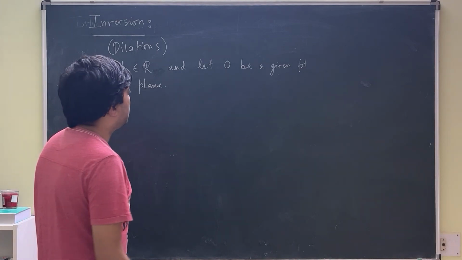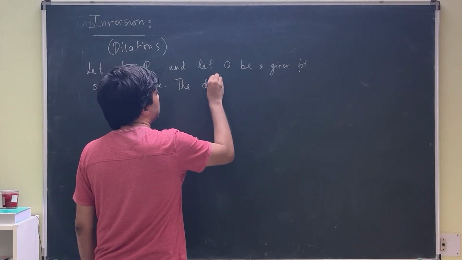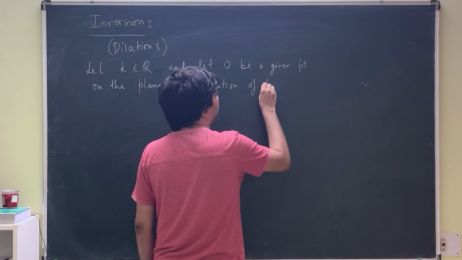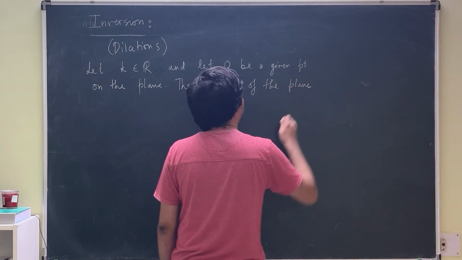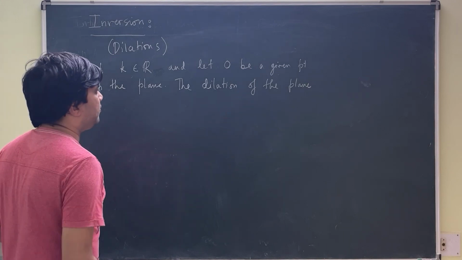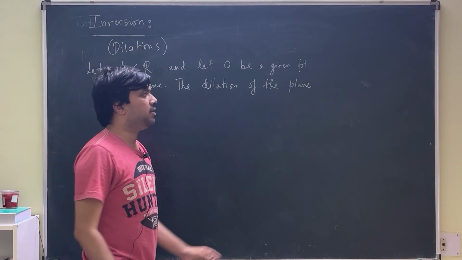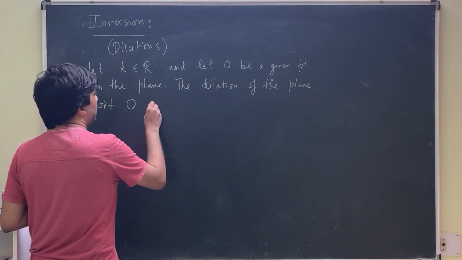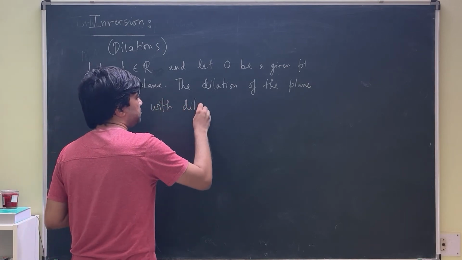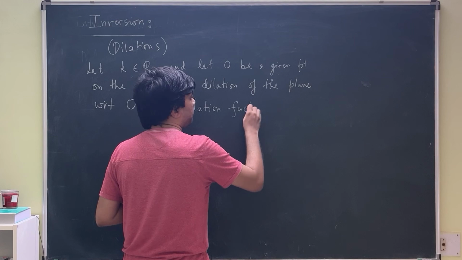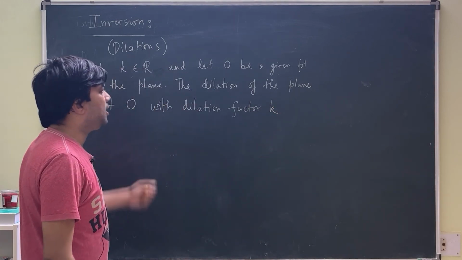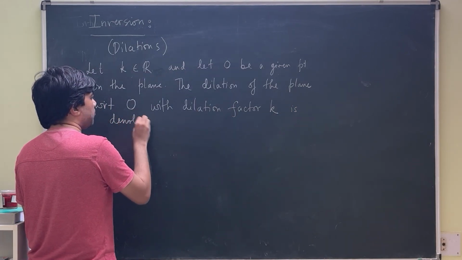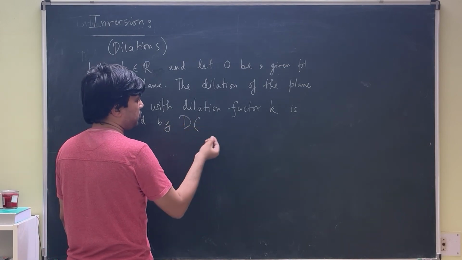Now the dilation of the Euclidean plane, that is the flat plane in front of us, the board for example, with respect to O with dilation factor k, I'll denote by d of O comma k.